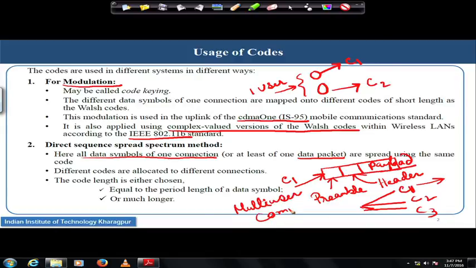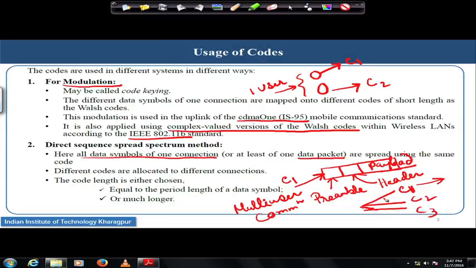Codes utilized for spreading for one user provide resilience against interference and jamming, and at the same time different codes allocated to different users not only give resilience from interference or jammers, but also provide very good protection from co-channel interferences, from the co-users or co-network user interferences. The code length in such a scenario may be of two types.